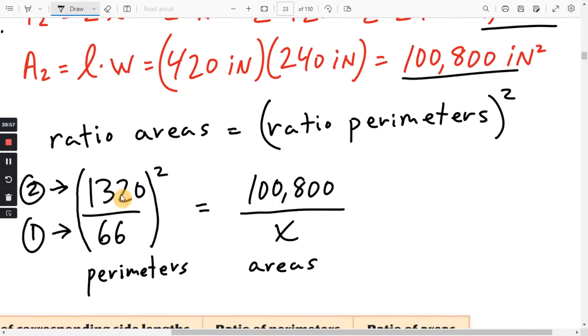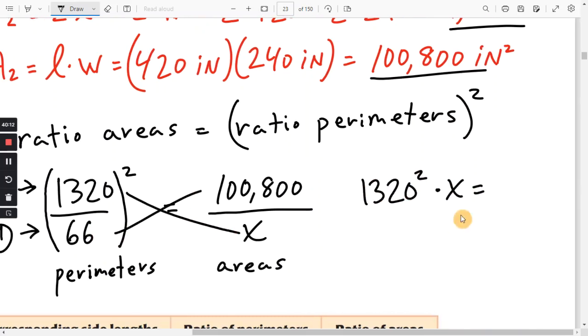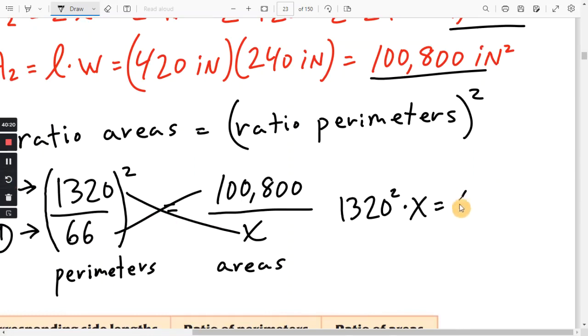This is going to be 1320 squared times x. All right, so 1320 squared times x. And that's going to equal 66 squared times 100,800. Let me make more room. All right, that equals 66 squared times 100,800.